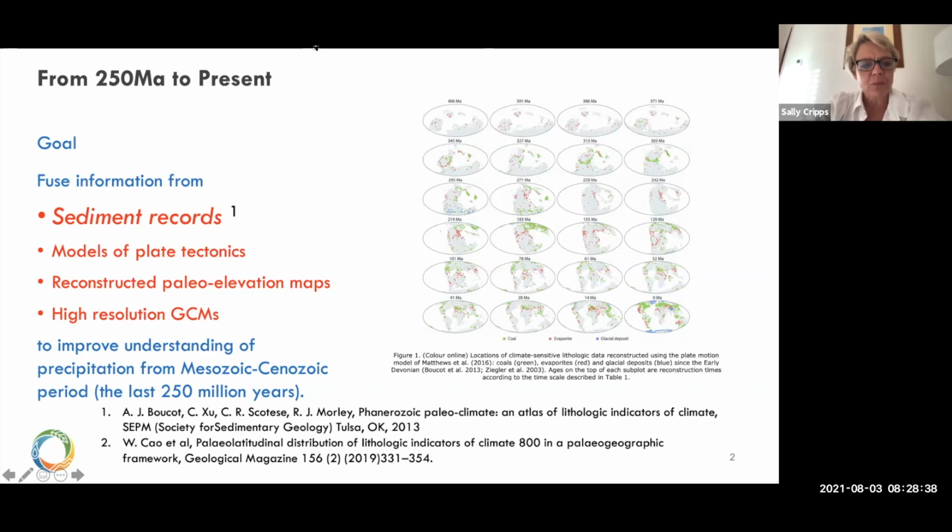The first source of information was sediment records. We have available, and I've listed the papers down the bottom there, information regarding the deposits of coal or evaporites or glacial deposits for various time periods going back to actually 400 million years.